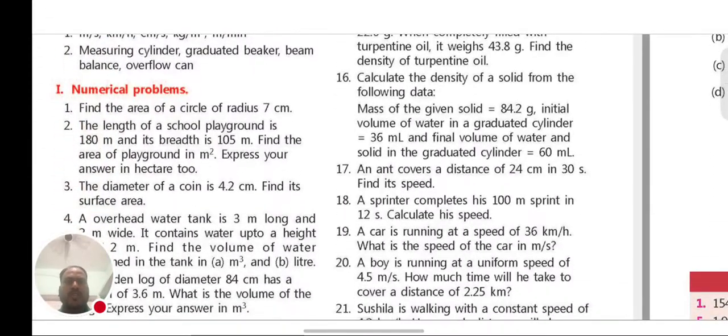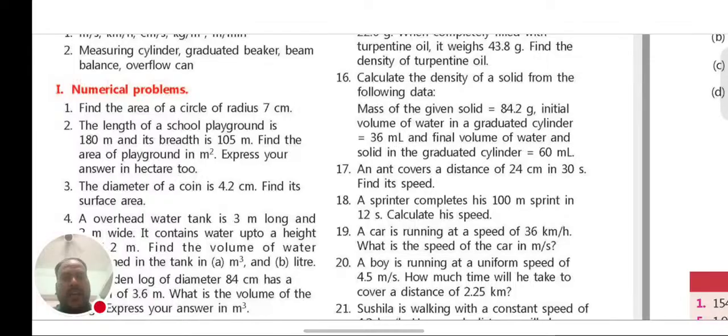Numerical problem. Question number first is given here. Find the area of a circle of radius 7 centimeter. So the radius of the circle is given. How much? 7 centimeter. So which formula will you use to find the area of a circle?